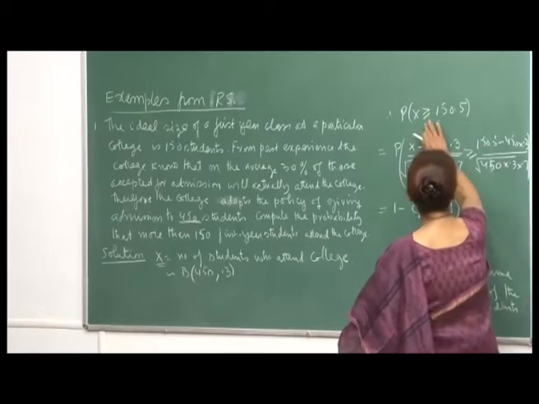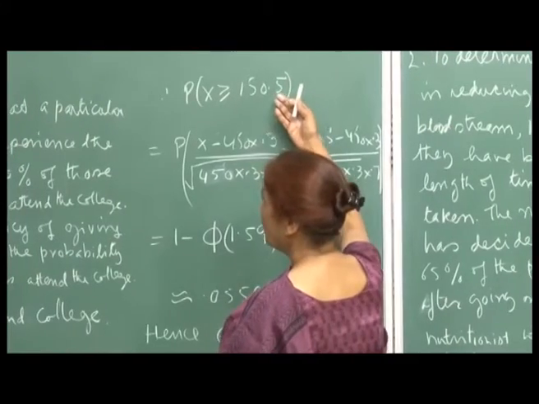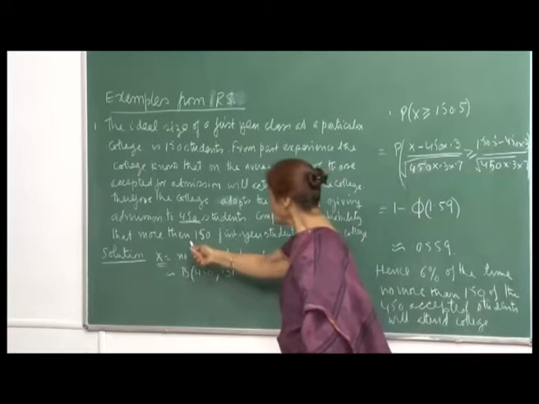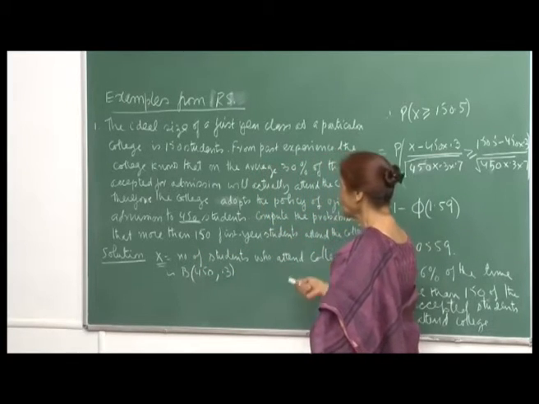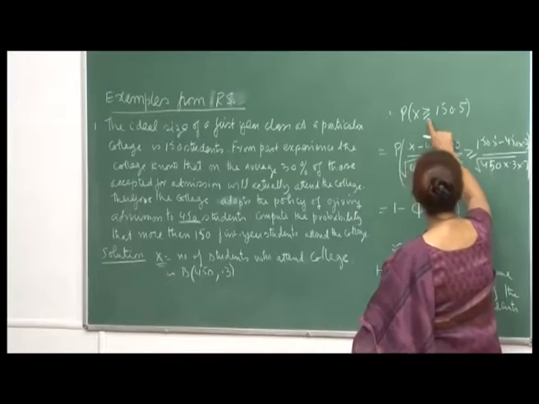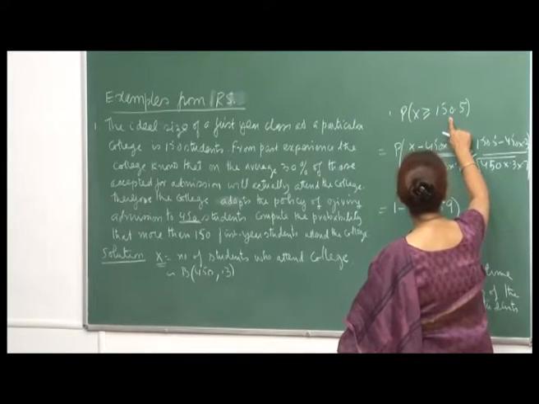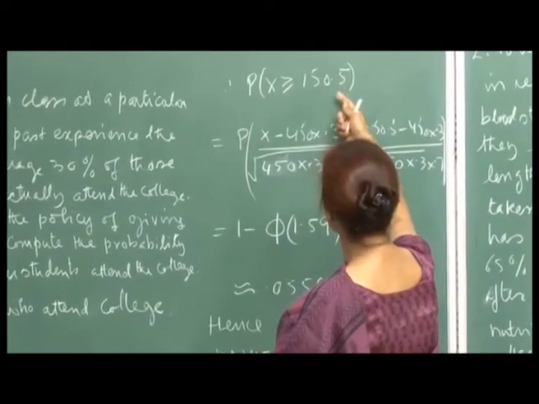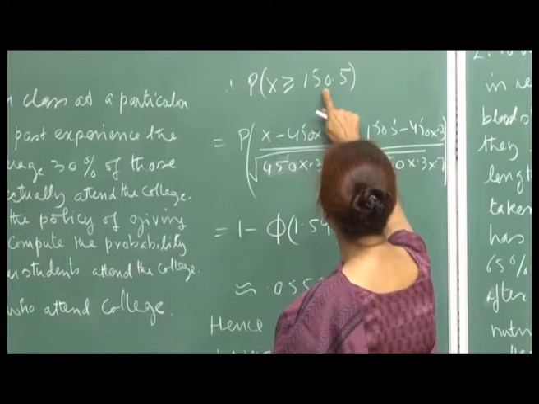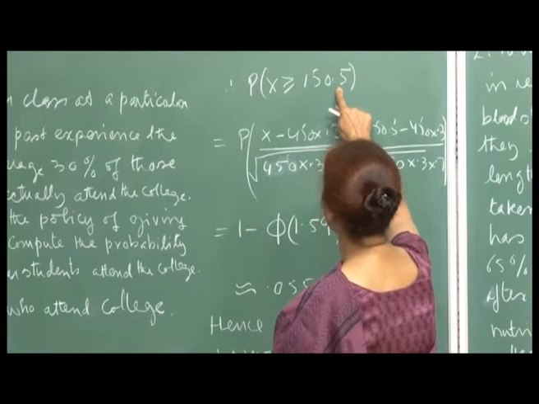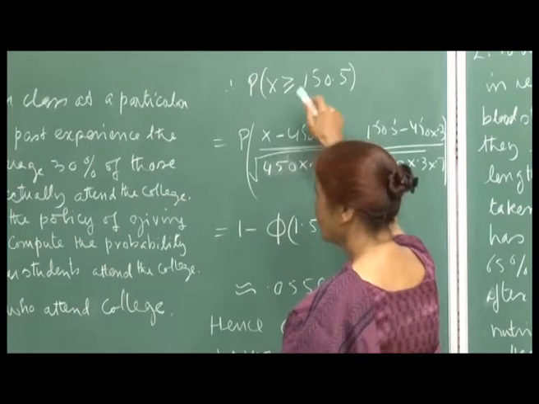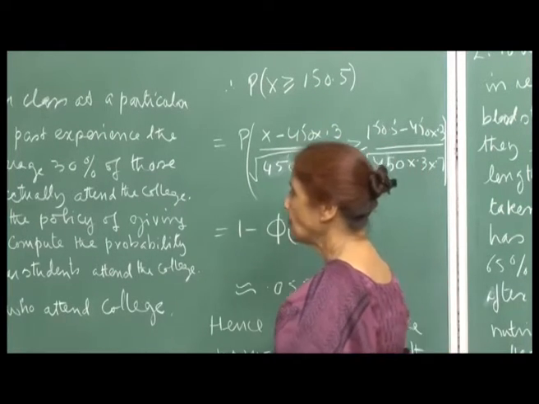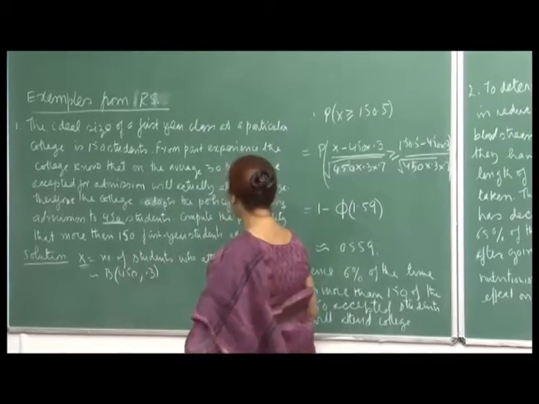So, actually you want that the class size should be more than 150, that means it should be 151, 152 and so on. So, therefore, when you write probability X greater than or equal to 151, then when you apply the continuity correction, this will become 150.5, right, because you are actually asking for the probability that X is greater than or equal to 151, because more than 150.